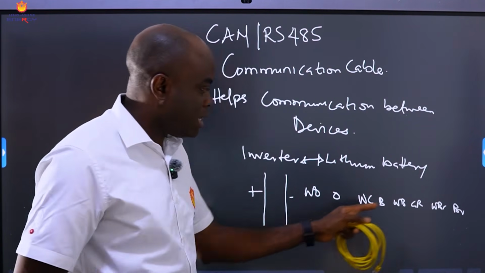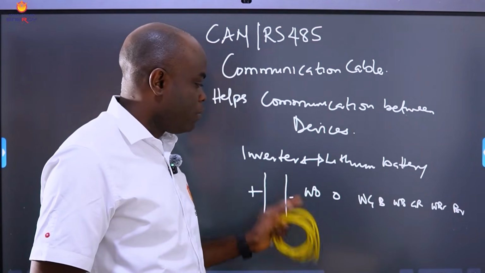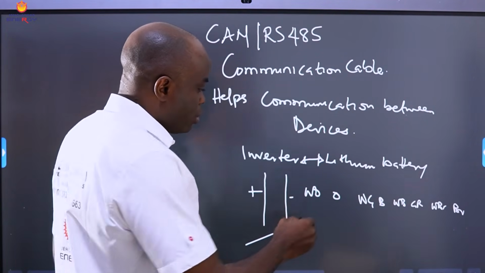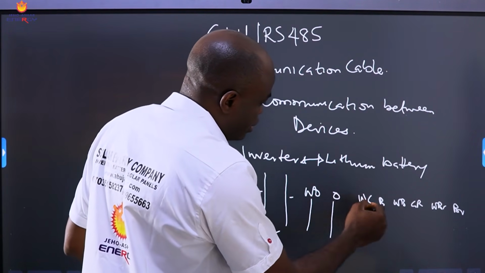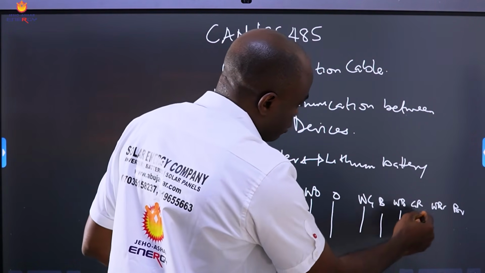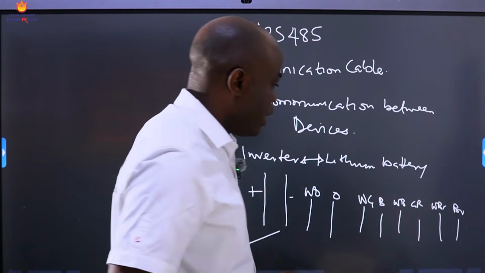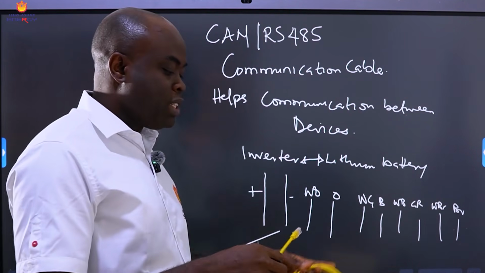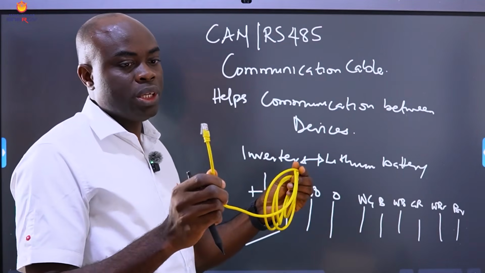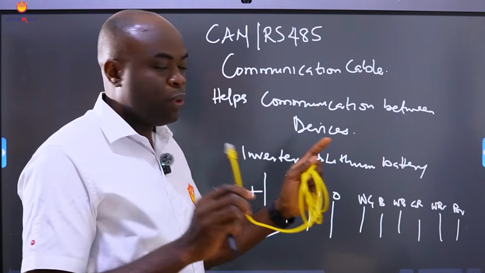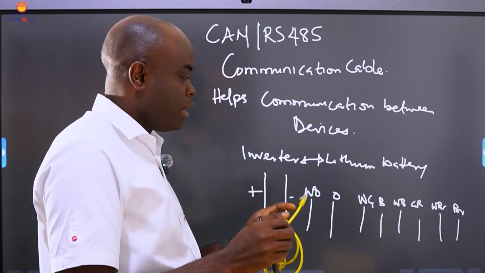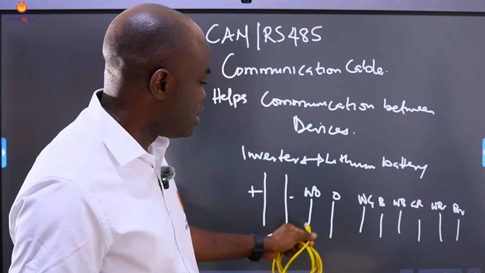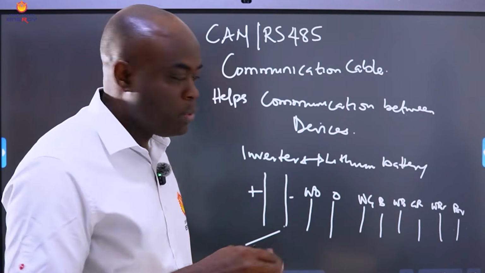So we have this standard: 4 pairs, 8 conductors. This one is called the standard communication cable, meaning this standard is followed. There is no interpolation or, let's say, manipulation on it. So this is the standard used to communicate between devices.